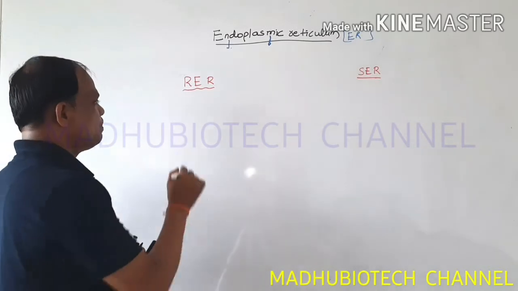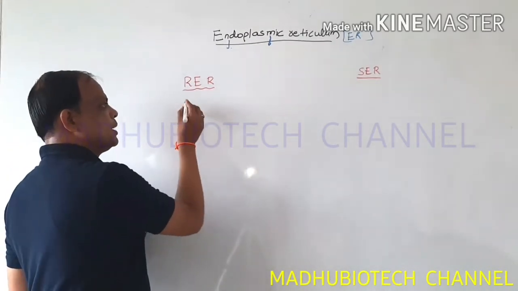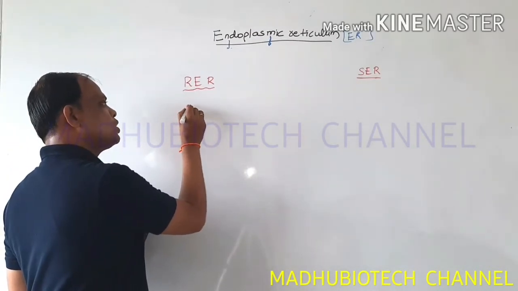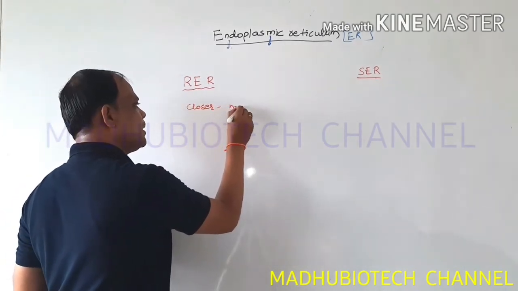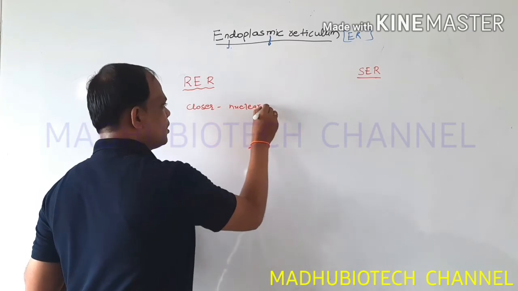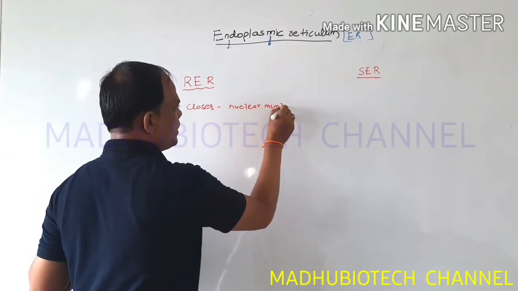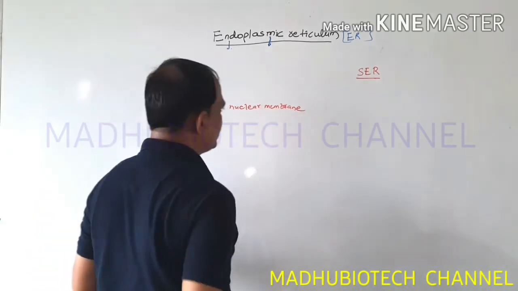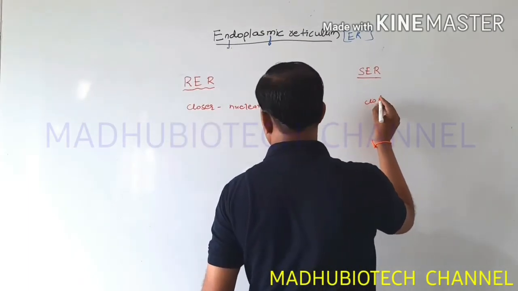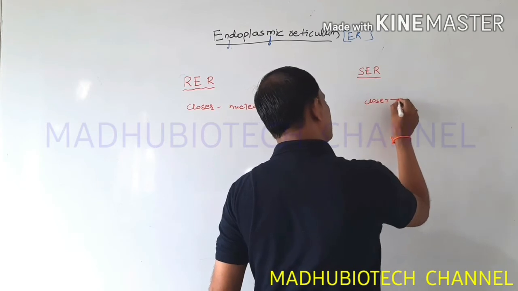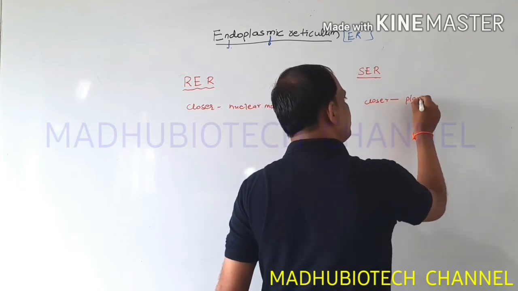Rough endoplasmic reticulum is closer to the nuclear membrane, and it is also closer to the plasma membrane.